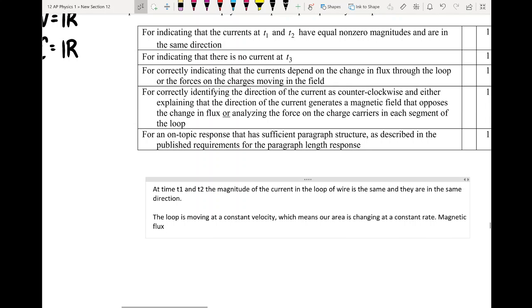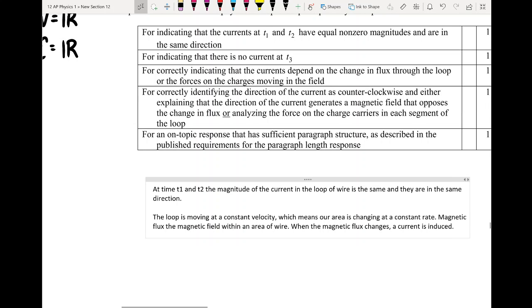Magnetic flux is the magnetic field within an area of wire. When the magnetic flux changes, a current is induced. So that is just facts, that's physics knowledge that we know.